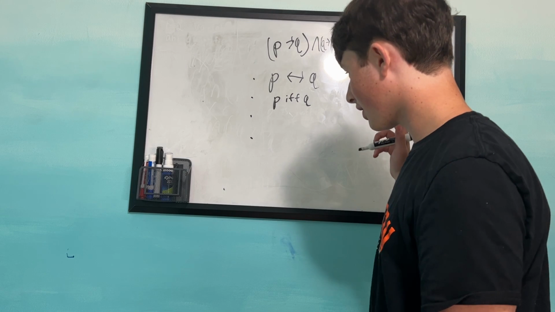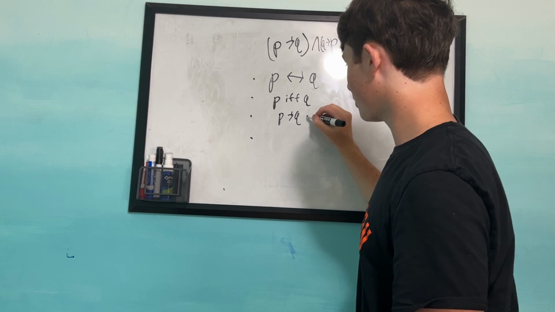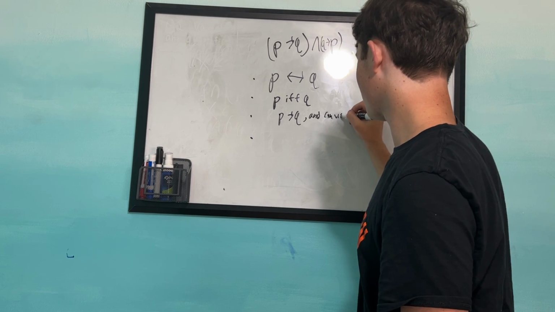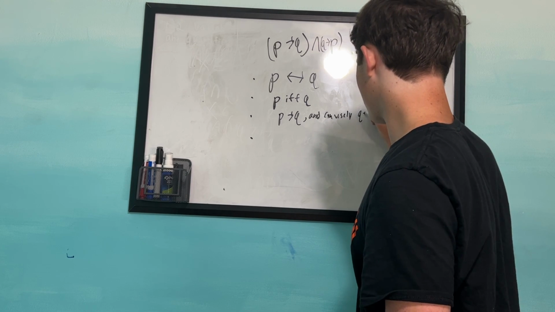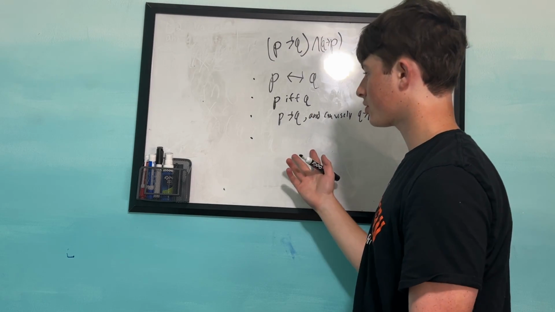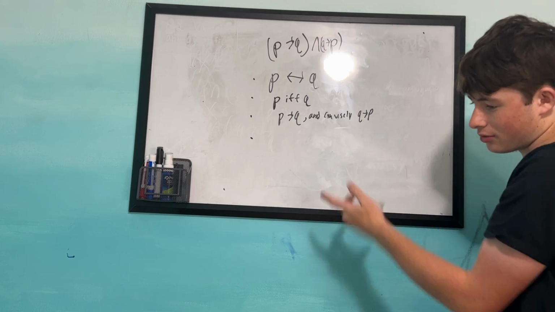Then you can go kind of Englishy: if P then Q, and conversely, if Q then P. Just saying that even though this is the converse of this one, it's still true.